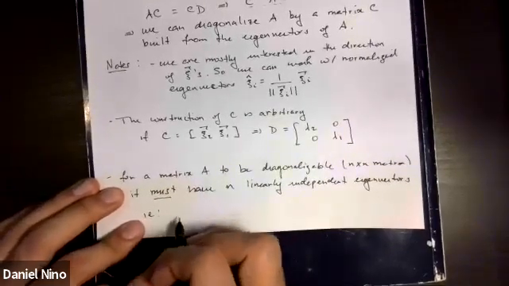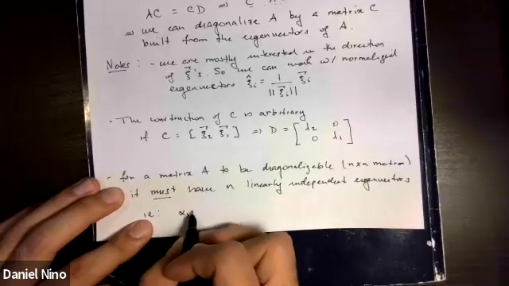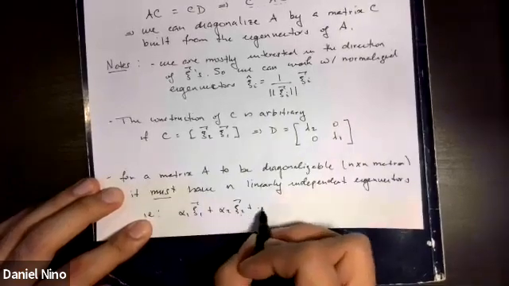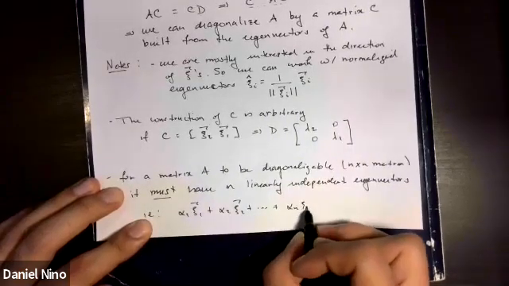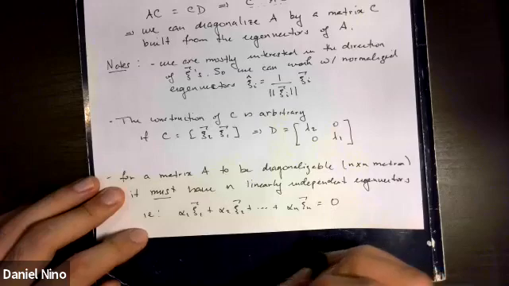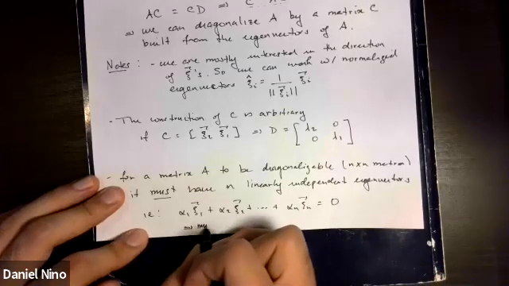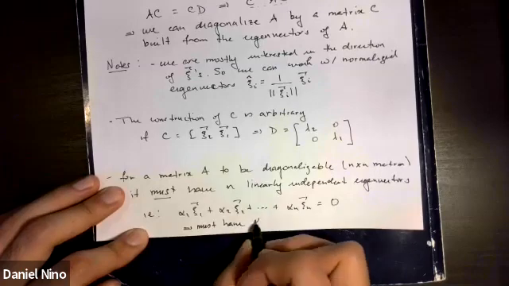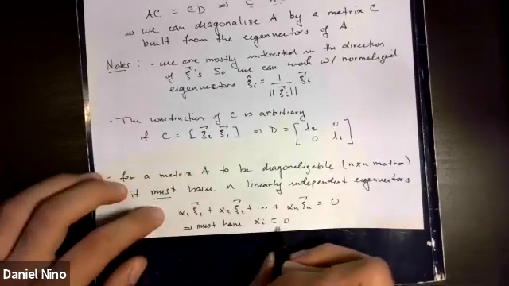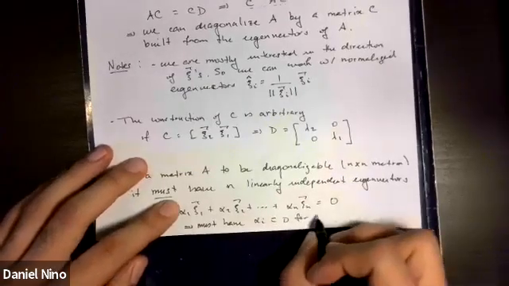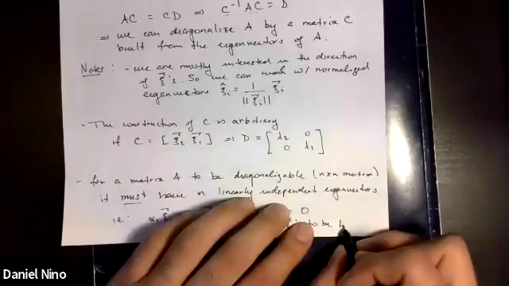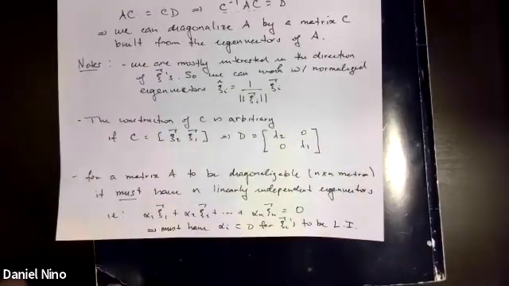Expressed mathematically, this says if you have a linear combination of your n eigenvectors equal to 0, you must have that all of the alpha ones, all of these scaling factors, must be equal to 0 for all of your eigenvectors to be linearly independent.